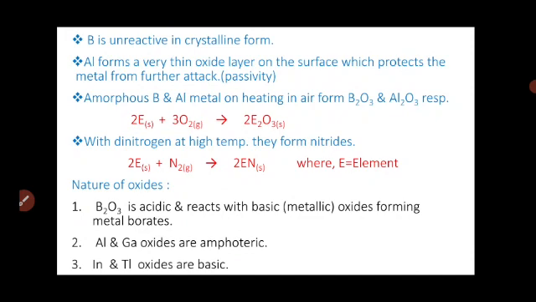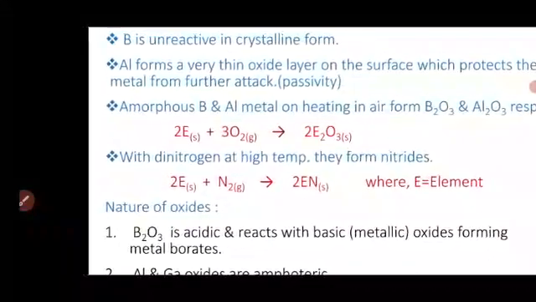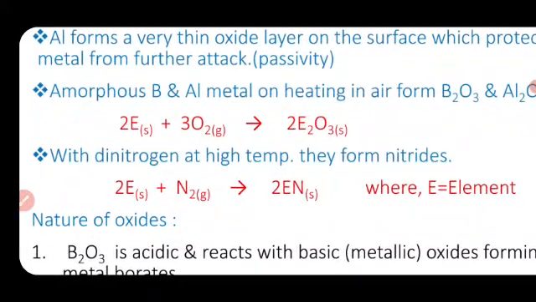Now let us see how the amorphous form of boron and aluminium reacts. Now it requires heating. Okay, so amorphous boron and aluminium metal on heating in air form oxides. Which type of oxides? These are trioxides, B2O3 and Al2O3, boron trioxide and aluminium trioxide. So the general equation for this is 4E + 3O2 gives 2E2O3 solid, where E is an element from group 13.